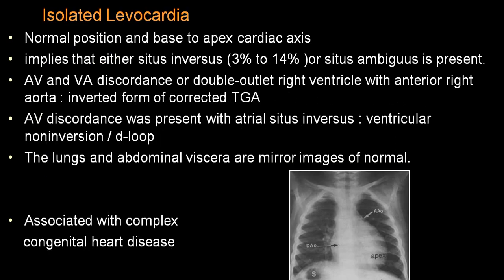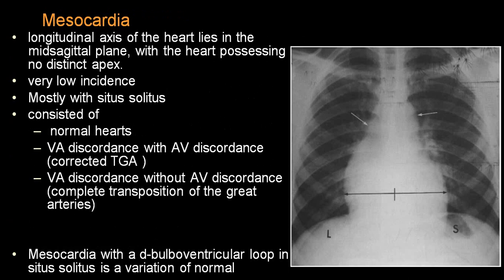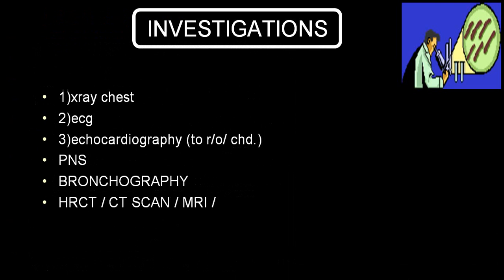If you come across pure isolated levocardia, normal position with situs inversus or situs ambiguous, the chances of congenital heart disease are very, very high. Mesocardia also has a very high chance of congenital heart disease, almost 95 to 99%.